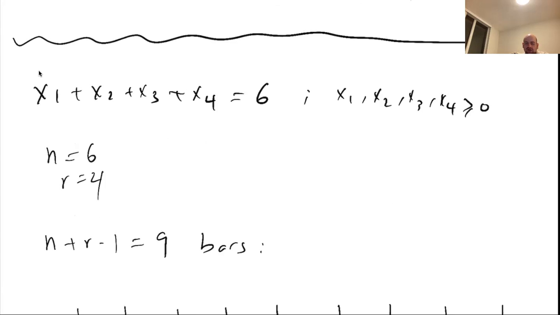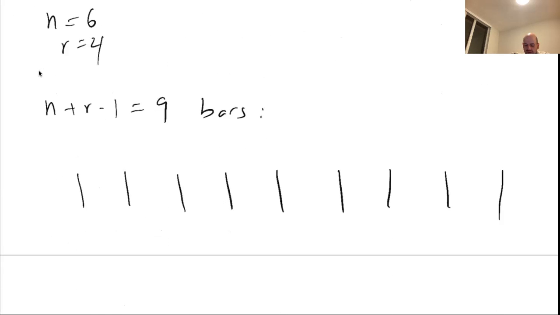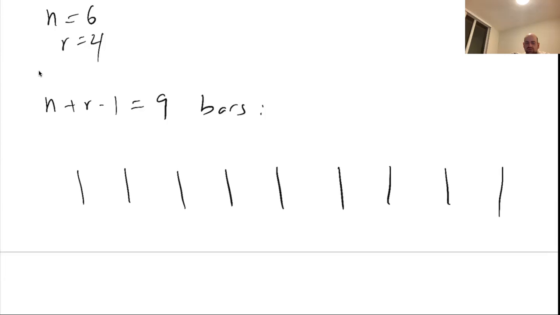And if you change the 3 bars that you select, then you get a new solution for this equation. So look at here. If I choose 3 bars out of these 9 bars, let's say this one, this one, and this one, then I will have a solution for my equation. How so? x1 is the number of bars before the first selected bar.